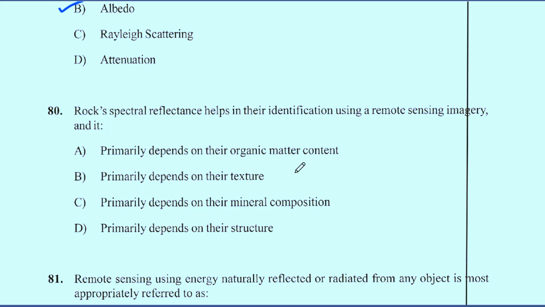So what are the things that help to study the remote sensing image? It is not depending on organic matter, it is depending upon the composition. You want to separate out the rocks: this is limestone, this is basalt, this is granite.